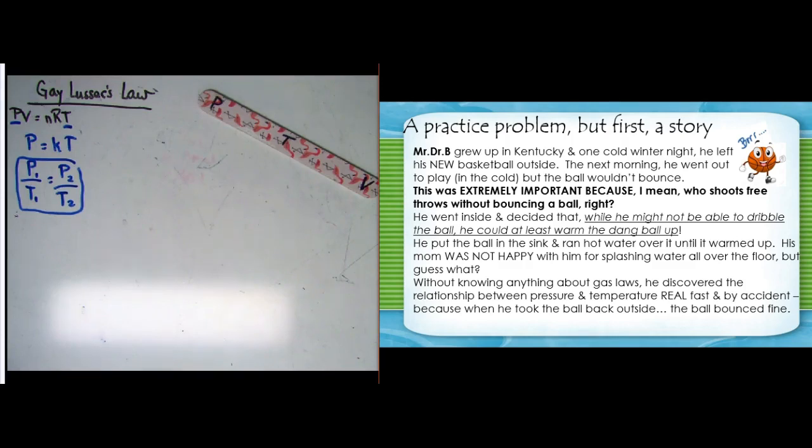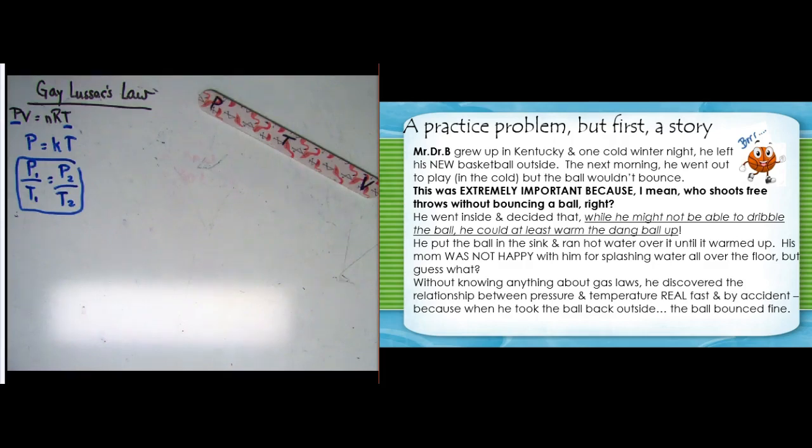So he went inside disappointed, but he decided that, while he may not be able to dribble, he could at least take the cold off of the surface of the ball. So he put the ball in the sink, warmed up the water, and just ran the water all over his ball until the ball got hot. His mom wasn't happy because he ended up with water all over the floor. But guess what? Without knowing what he was doing, when he took the ball back outside, he expected it still not to bounce.